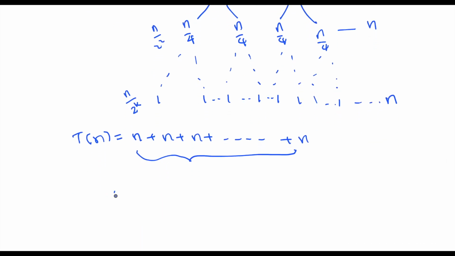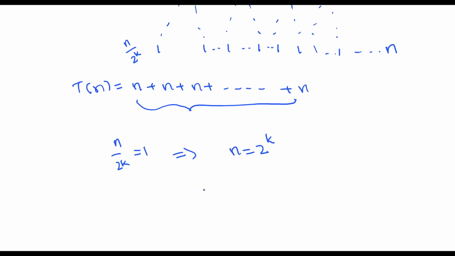So if you put n/2^k equal to 1, then that implies n is equal to 2^k, and if you take the log on both sides, you can find the value of k. So we are taking the log with respect to the base 2. Okay, so the value of k is log n to the base 2.